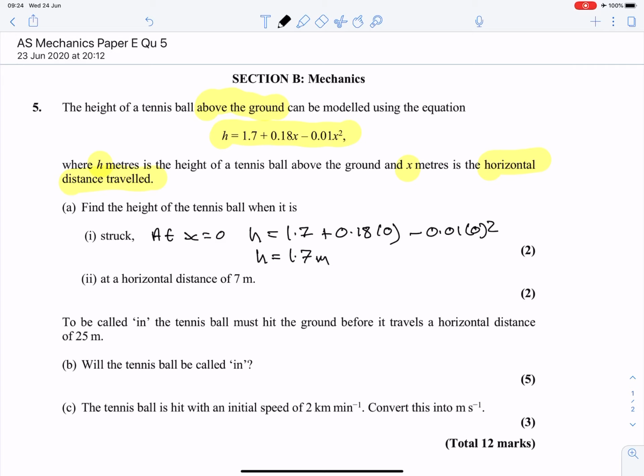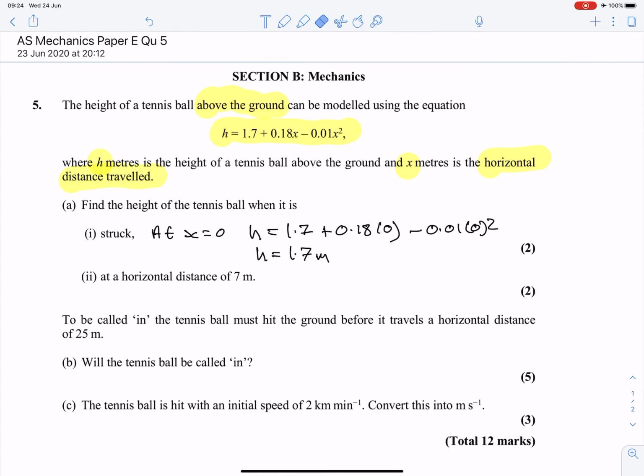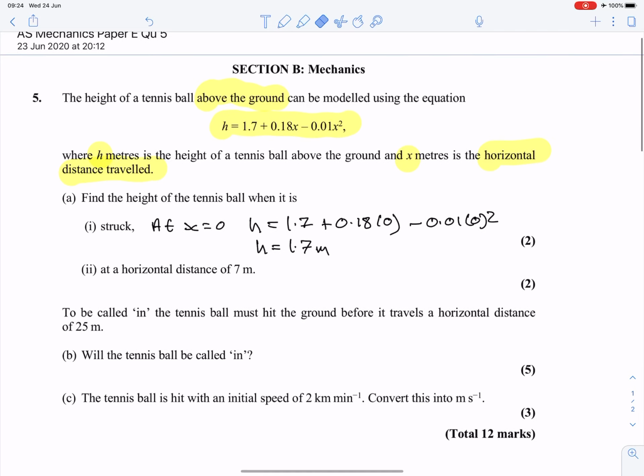Okay, part 2, at a horizontal distance of 7 meters. So that's exactly the same question. It's easier in many ways because it's given you the value of x. So at x equals 7, h is equal to 1.7 plus 0.18 times 7 minus 0.01 times 7 squared.